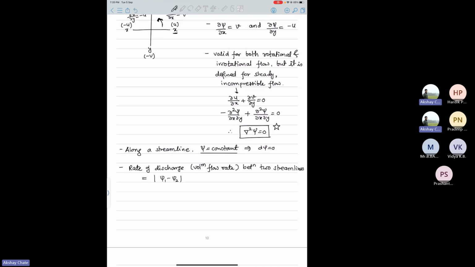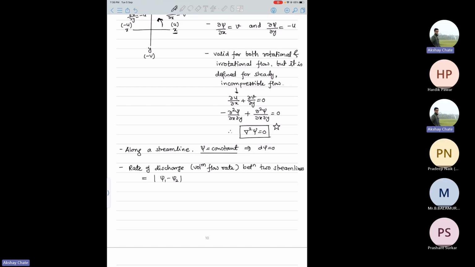The mod sign is used here because volume flow rate is always positive. So in some cases, if it comes out negative, you have to take the magnitude, which is positive.